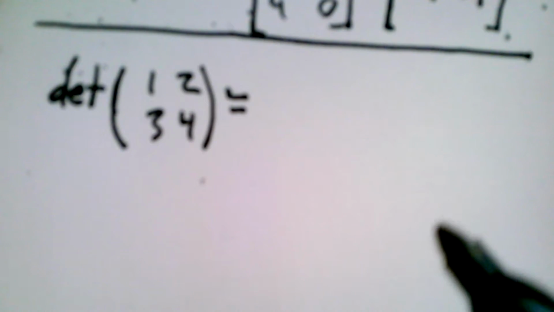Now, we're going to give formulas for 2 by 2 matrix determinants and 3 by 3 matrix determinants. But we're probably not going to do any determinants of higher dimension than that. There might be a video in the future where we show that, but we're going to stick with 2 by 2 and 3 by 3 matrices for now.